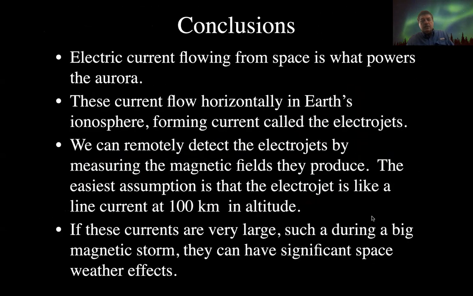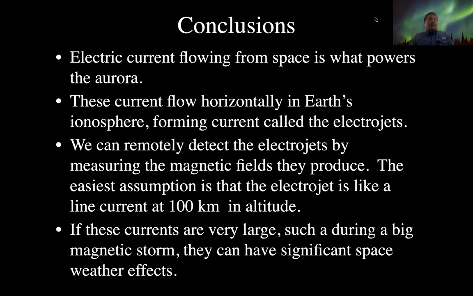So to conclude, it really is electric current flowing from space that powers the aurora. These currents flow horizontally through Earth's ionosphere, and we call those currents electrojets. We can remotely detect electrojets by measuring the magnetic field they produce.